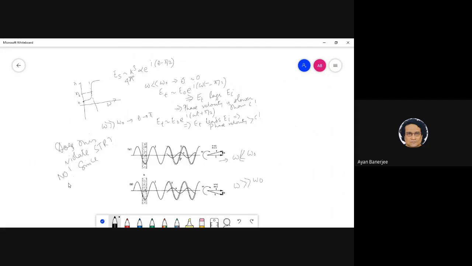Because STR cares about signals propagating at v less than c. So what does this mean? So for example, so please understand. So STR essentially tells you that, let me write this.